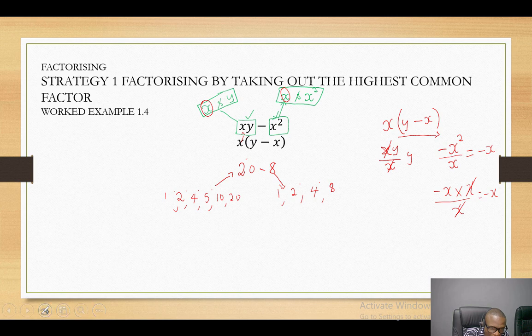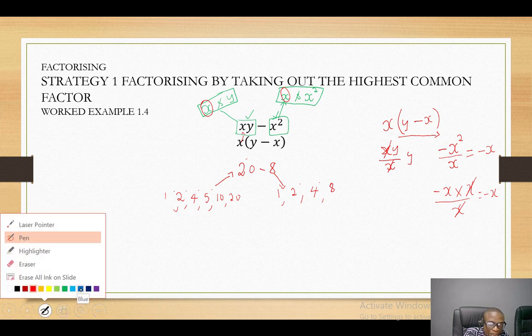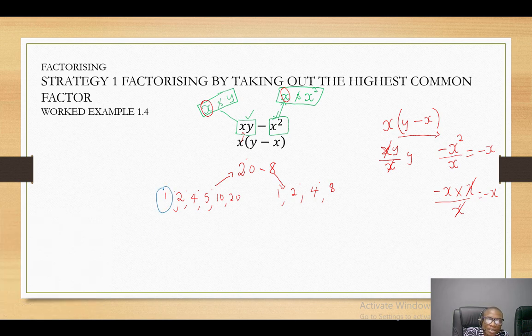What are the common factors? 1 is a common factor. They both have a factor of 1. They both have a factor of 4. Oh, I missed 2. They also have a factor of 2. But I will work with the highest common factor. So the highest is 4.